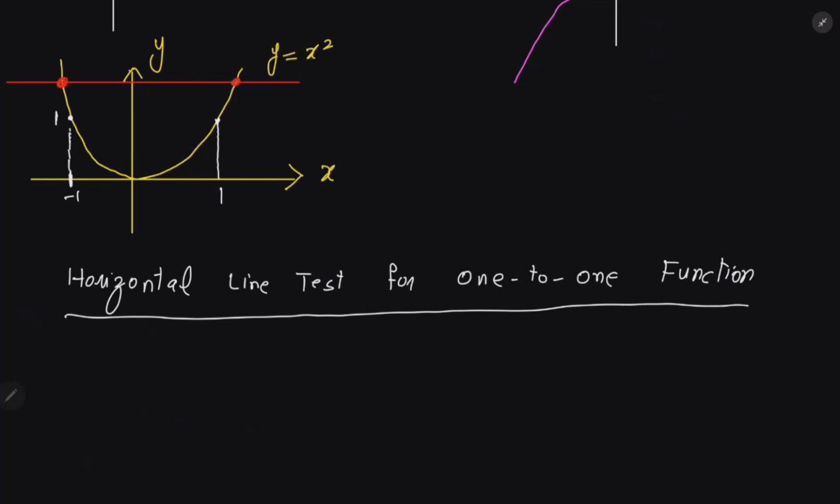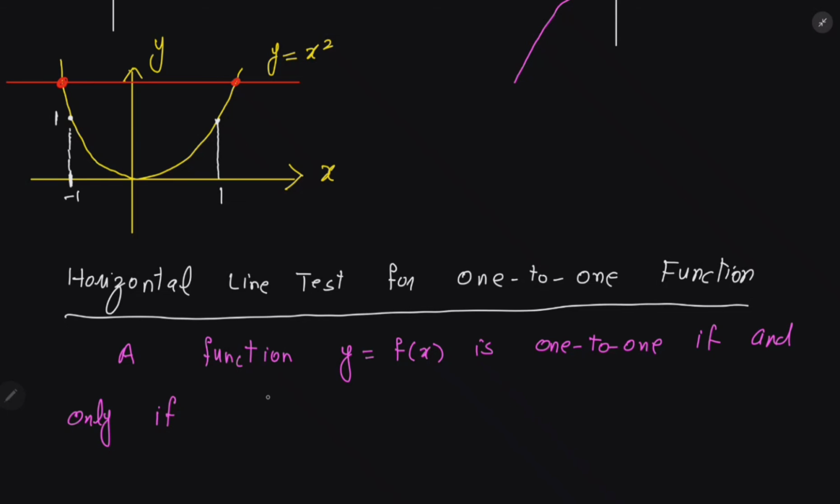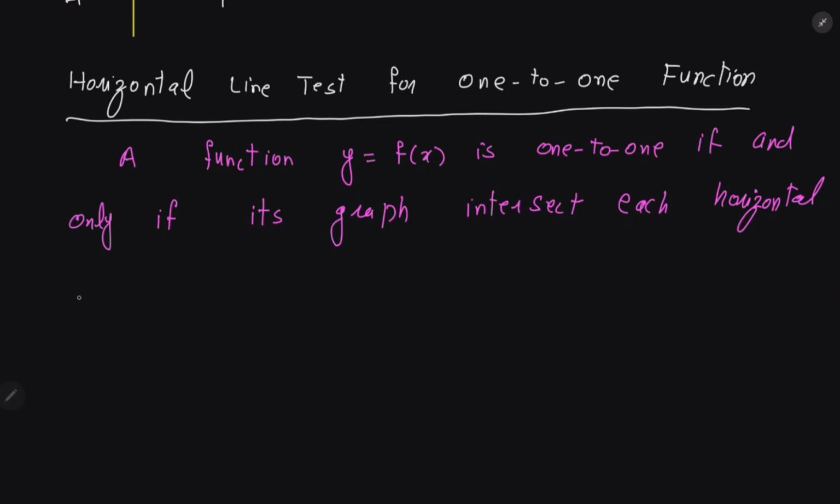So what is the definition? The definition is: a function y is equal to f of x is one-to-one if and only if its graph intersects each horizontal line at most once.